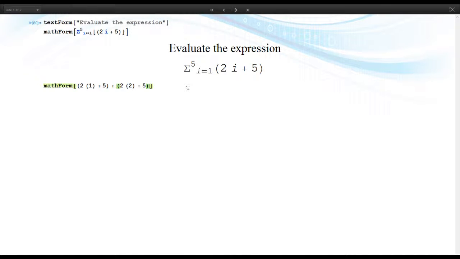So I get plus 2 times 3 plus 5 plus 2 times 4 plus 5 plus 2 times 5 plus 5.